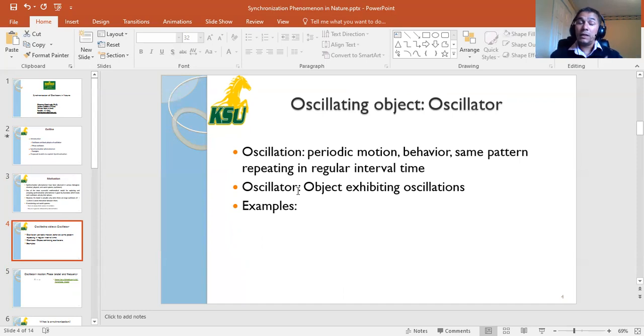If you have seen a pendulum clock moving to and fro, that type of motion is a good example of oscillation. So the pendulum is called an oscillator and the motion is called oscillatory motion. It is periodic motion, a repeating motion.